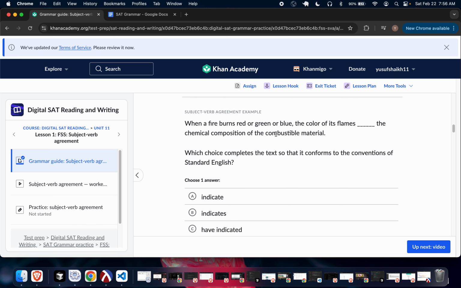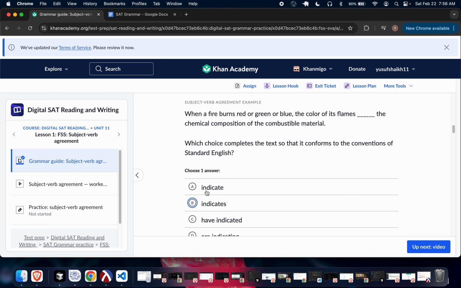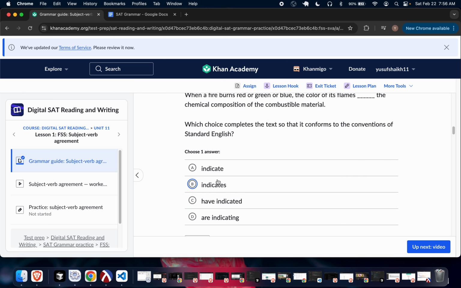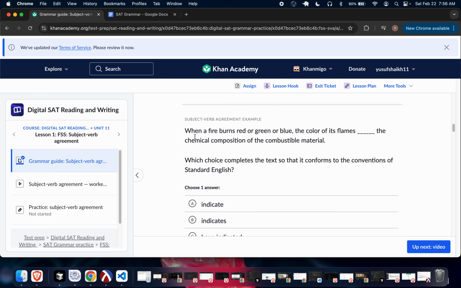"When a fire burns red or green or blue, the color of its flames blanks the chemical composition of the combustible material." Which choice completes the text so that it conforms to the conventions of standard English? You can see that we have different forms of the same verb, so this is probably testing subject-verb agreement. If we look at the sentence again, it says "the color of its flames."